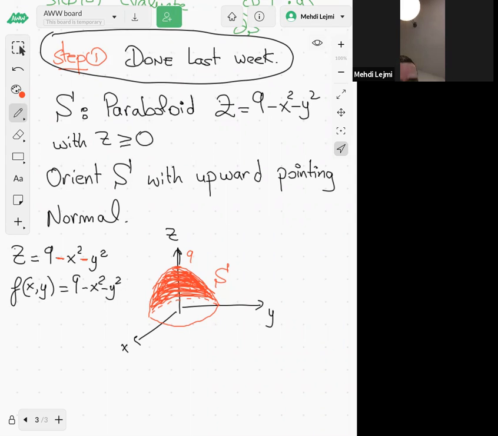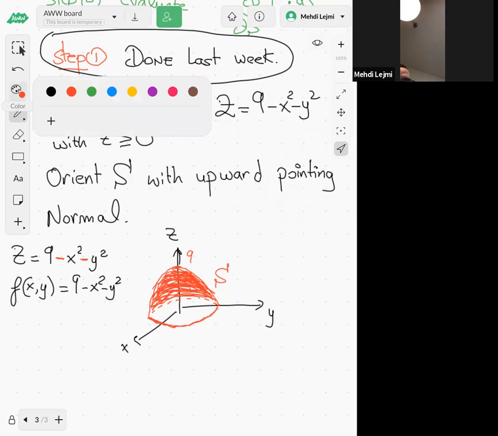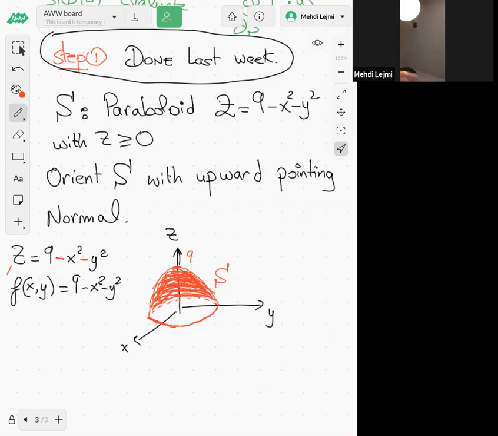At the level of the xy plane, when z is 0, you have this circle x squared plus y squared equals 9, right? So when z is 0, we have the circle x squared plus y squared equals 9.